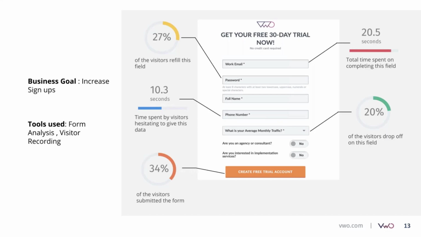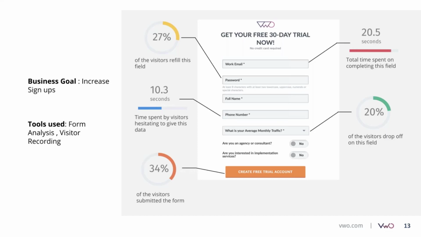We looked at data of visitors who were not filling up the form, or visitors who were ignoring a certain field. And we also noticed there were certain fields where we were getting maximum drop off. So all this information really helped us optimize the form. We looked at a lot of data and we tried to understand what fields are conversion boosters for us and what fields are conversion killers for us.